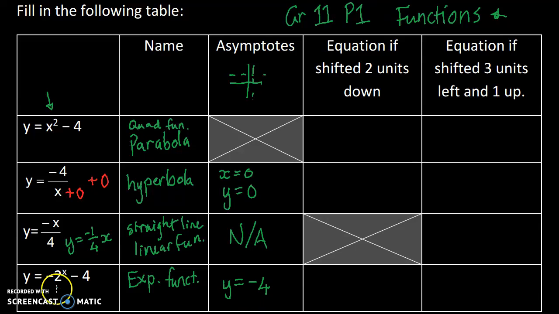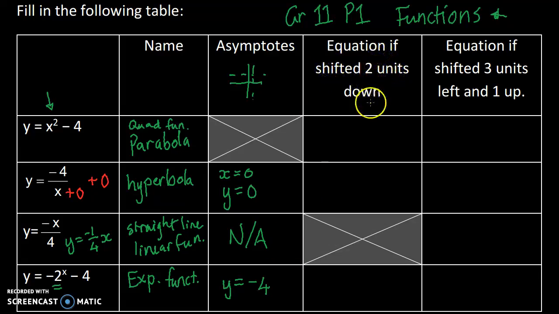And the reason it's there is because this negative 2 to the power of x can never, ever, ever have a value of 0, which means that y will never, ever go through the point where it's equals to negative 4. So be careful here. You've got two asymptotes for the hyperbola, none for the straight line, and one for the exponential function. Once again, these are things you can learn. So sit down and learn them.